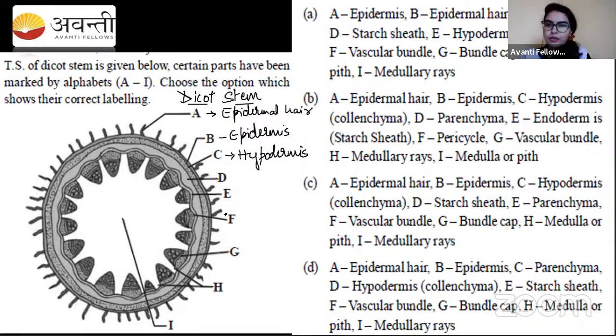So below the hypodermis, there will be a patch of parenchymatous layers. This particular place is usually called the cortex. Cortex has the hypodermis and the parenchyma cells. So D refers to the cortex, that is actually parenchyma cells. Yesterday we also saw the highlighted picture of this.